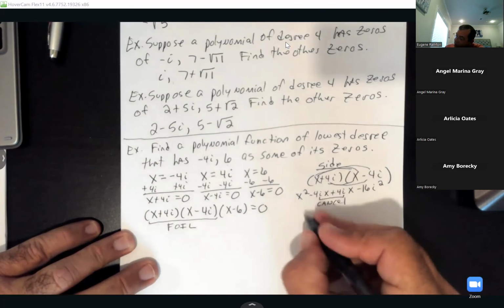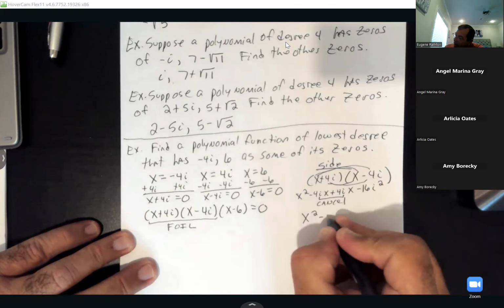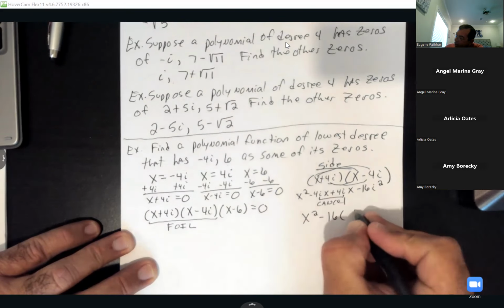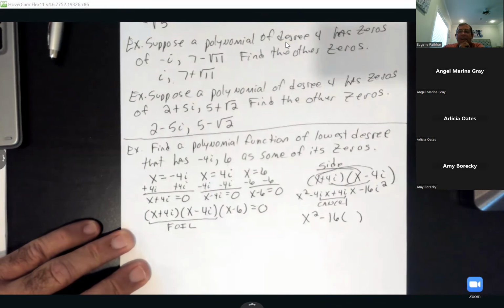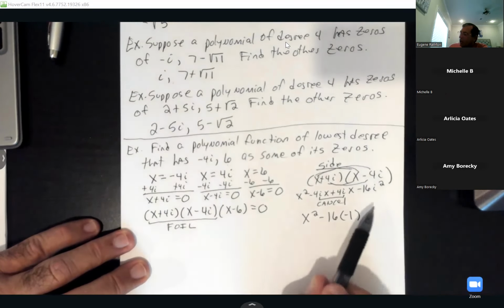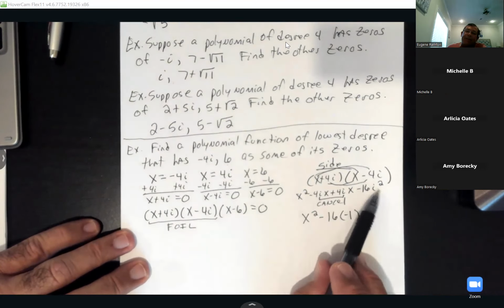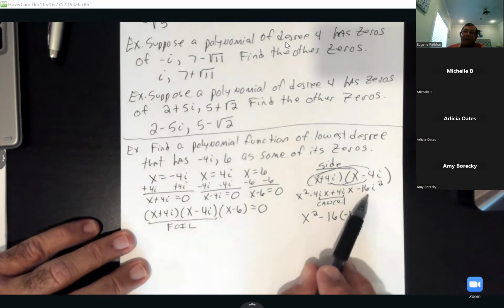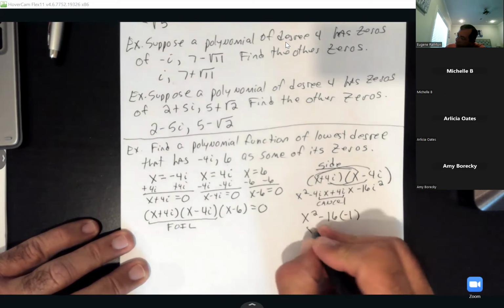I'm going to bring down the x squared minus the 16 i squared. Do y'all remember what the i squared equals? -1. And if you notice, the only purpose of that i squared in life is to change the sign of whatever number's in front of it. So bring down your x squared.